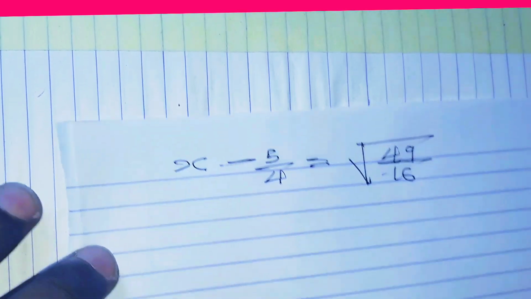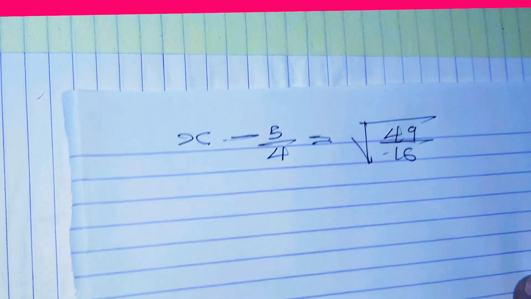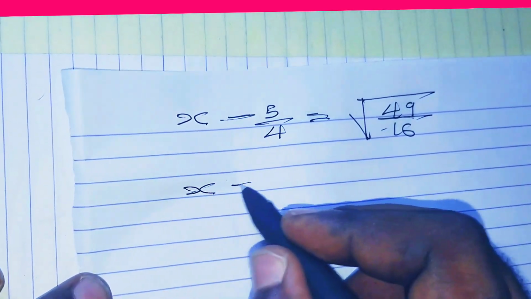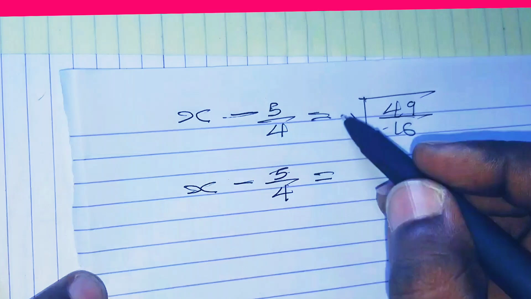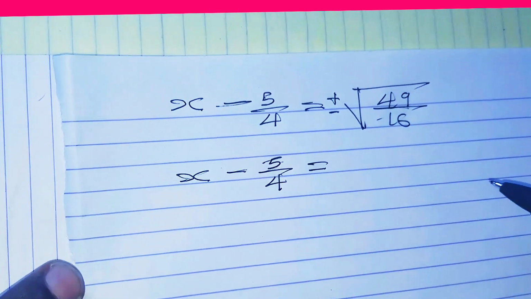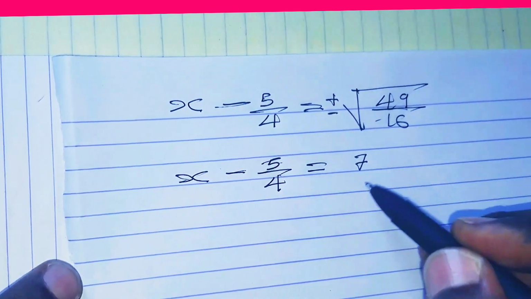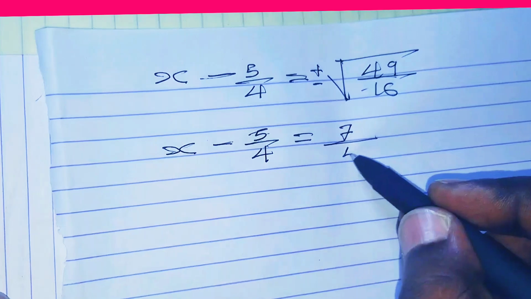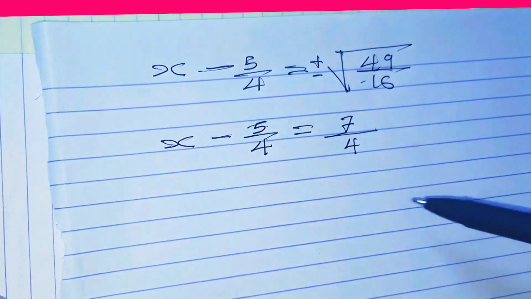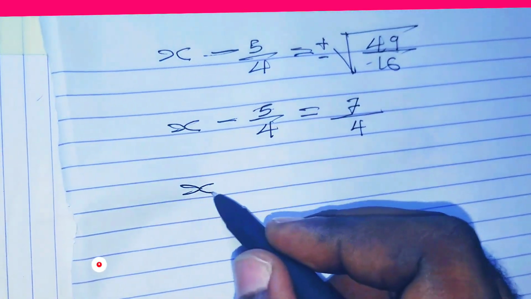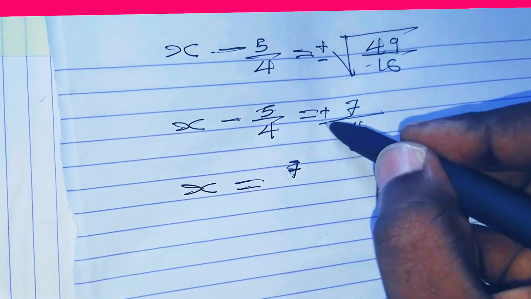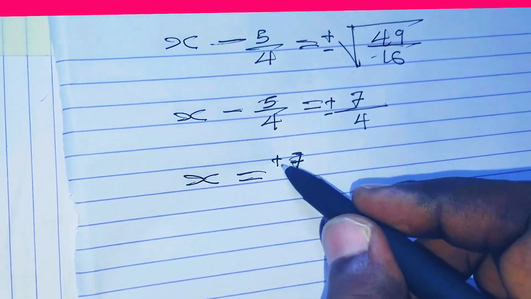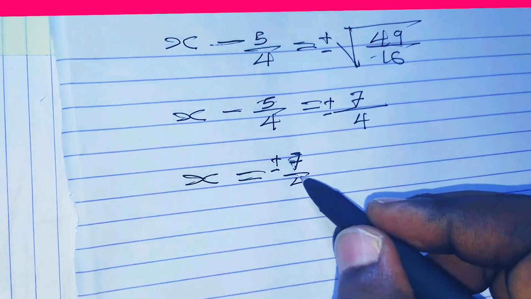So it's x minus 5 over 4, and of course, you do know that we need to put plus or minus there. So the square root of 49 is 7, and the square root of 16 is 4. So we need to move this to the other side of the equality sign. So we have x equal to 5 over 4 plus or minus 7 over 4 here.